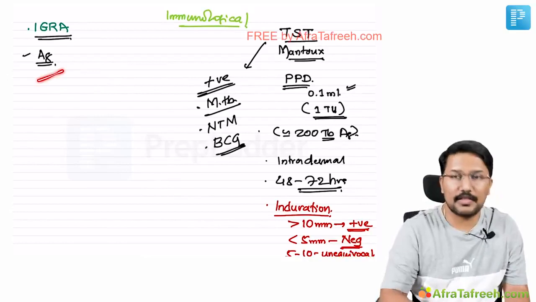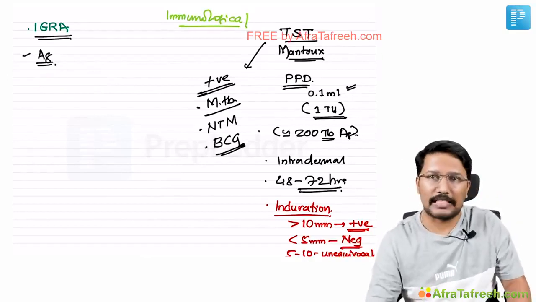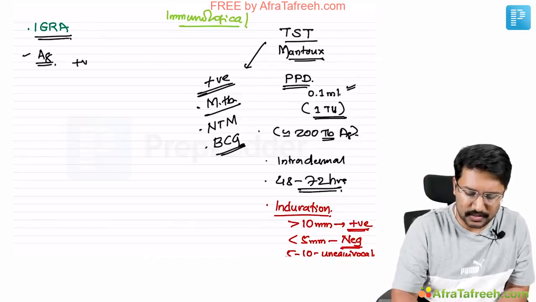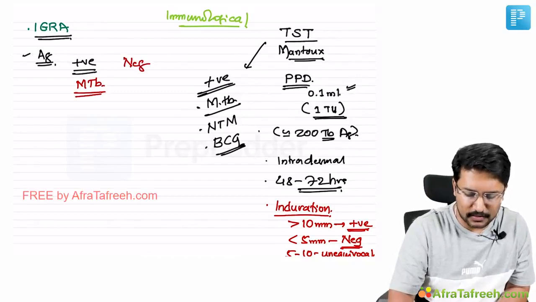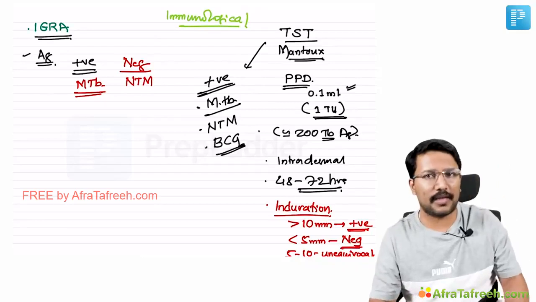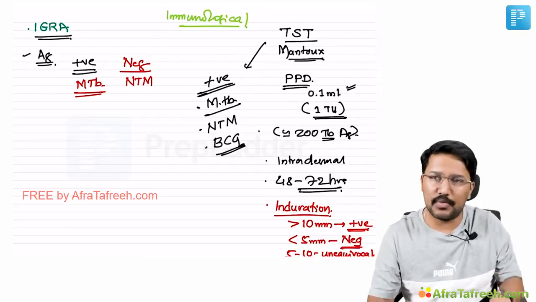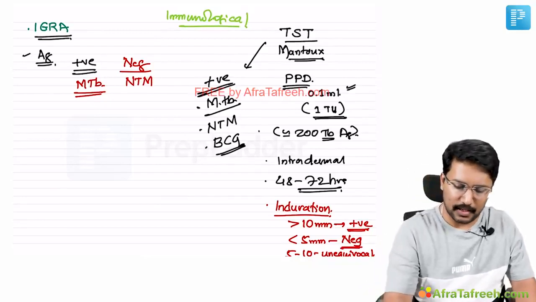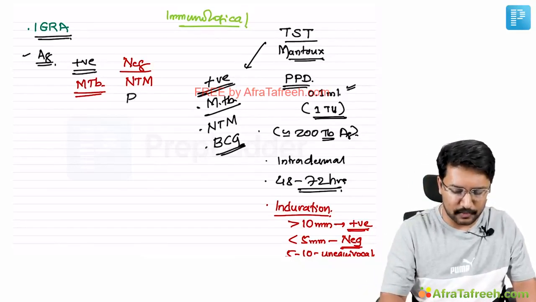So because of that, this is going to be relatively more specific, right? So it is usually positive in case of MTB. It is negative in case of non-tubercular mycobacteria. Most of them, yes, some of them can cross react and some of them can be positive, but roughly speaking, it is usually negative in case of NTM, and it is certainly negative in case of BCG.